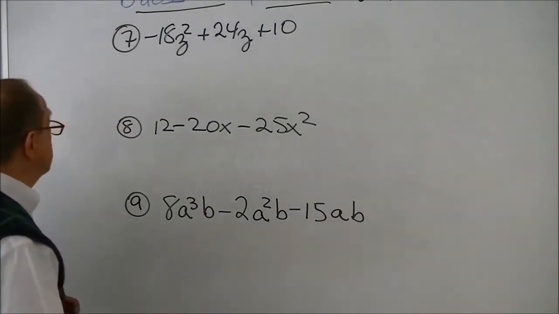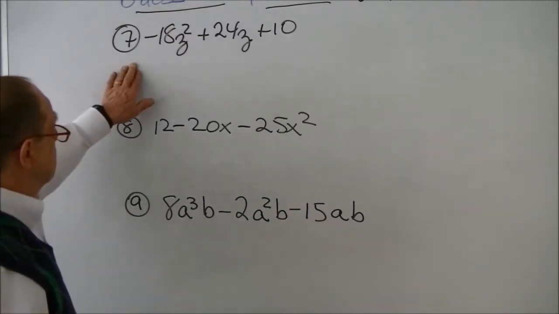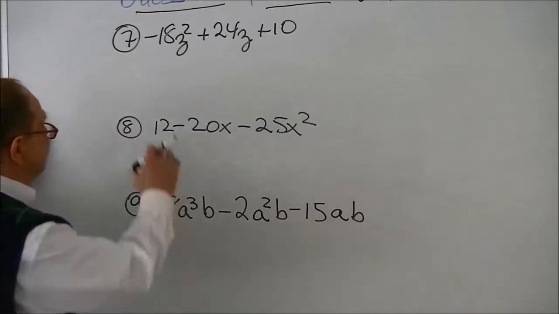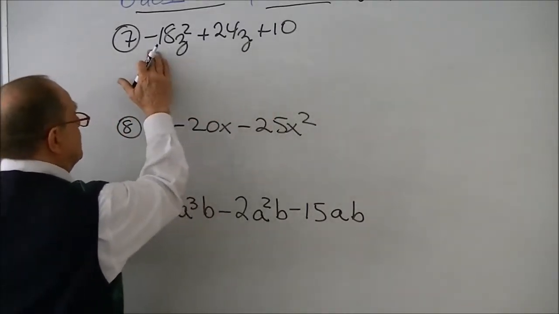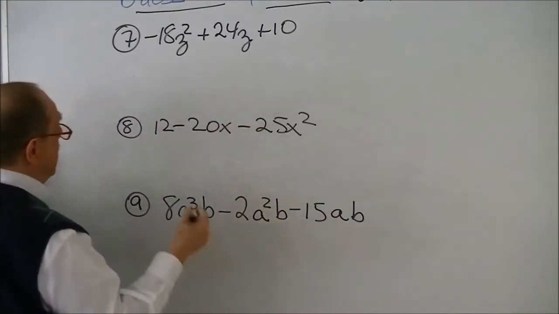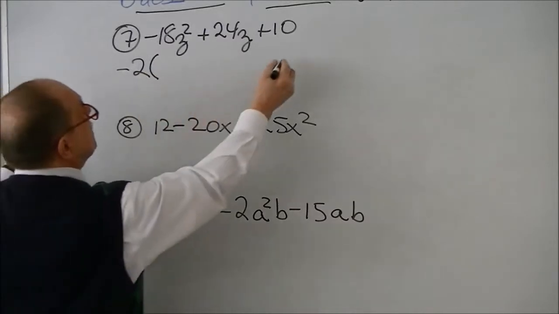Continuing on to number 7. Now, for something like this, it's in standard form. First term is negative. So what I'm opting to do is to take out a negative 2 out of every term.